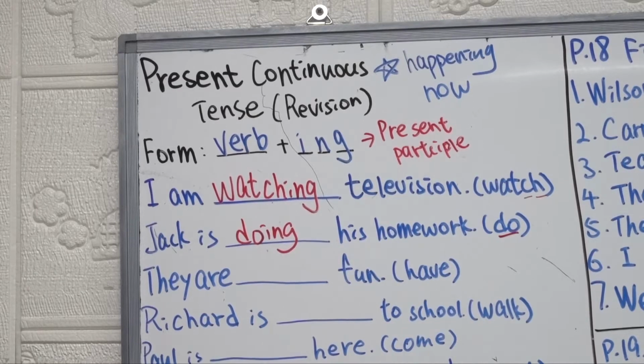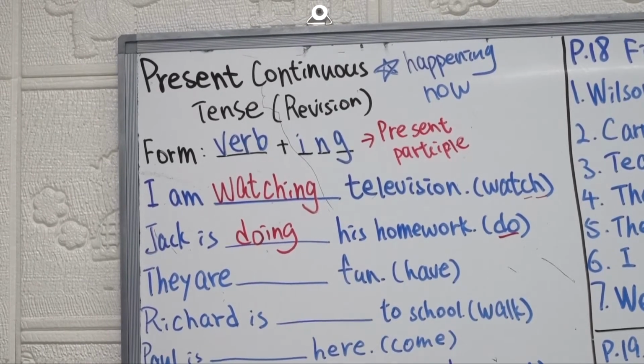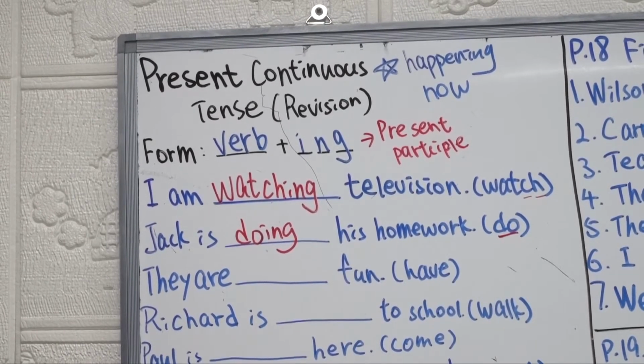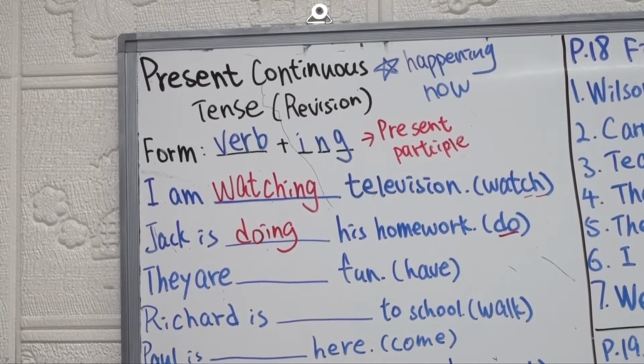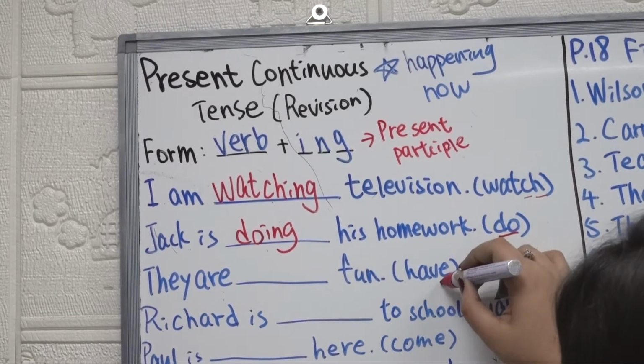Next one. They are what fun? The verb here is have. The action verb here is have. How do we change this verb? The way we change this is, if it ends with the letter E, remember?